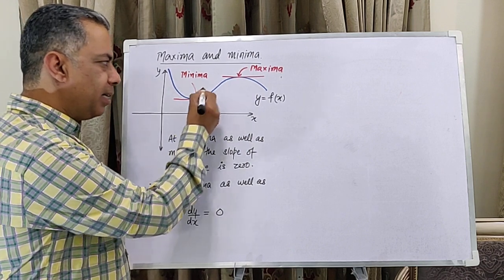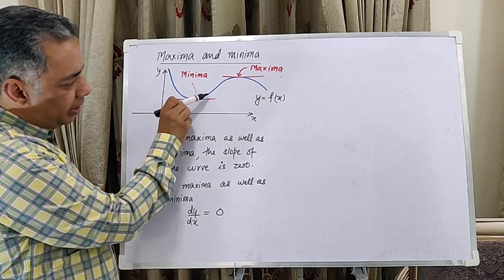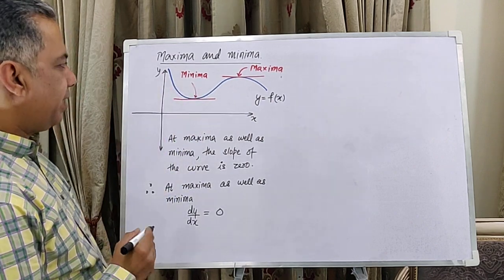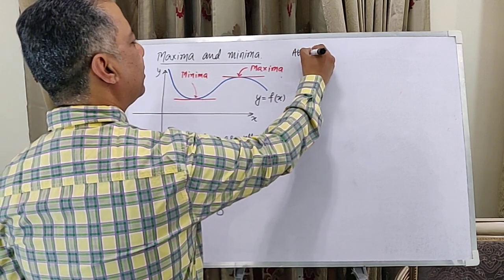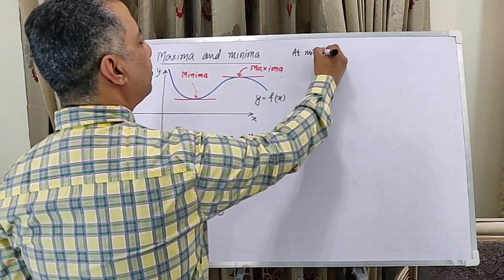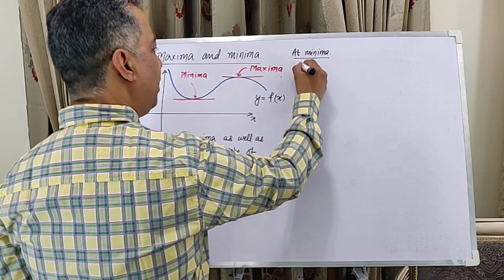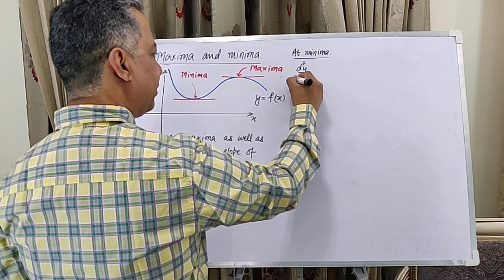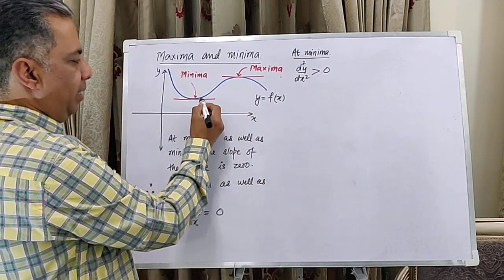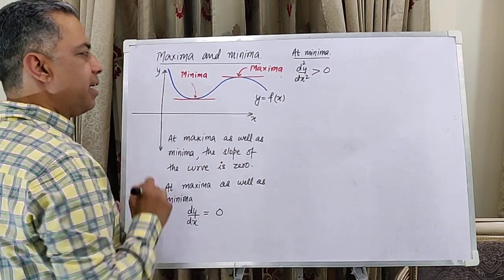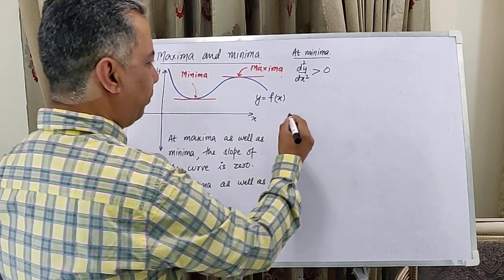At the minima, the slope of the graph is increasing, and therefore at minima the double derivative is positive. Easily noticeable that at minima the slope is increasing.